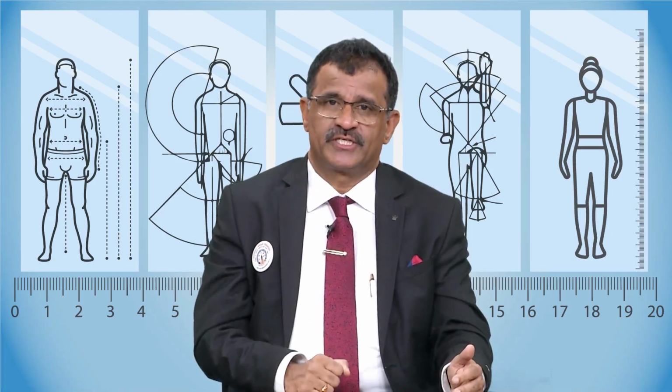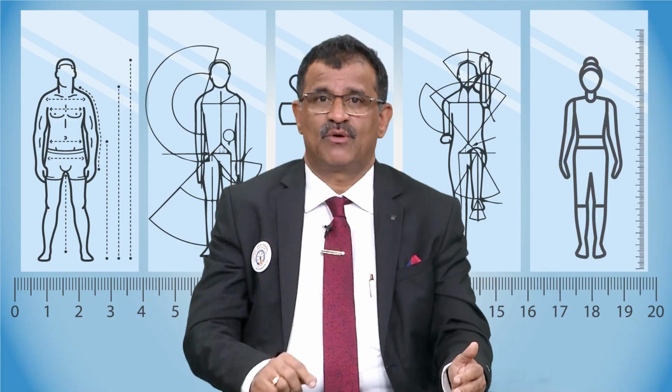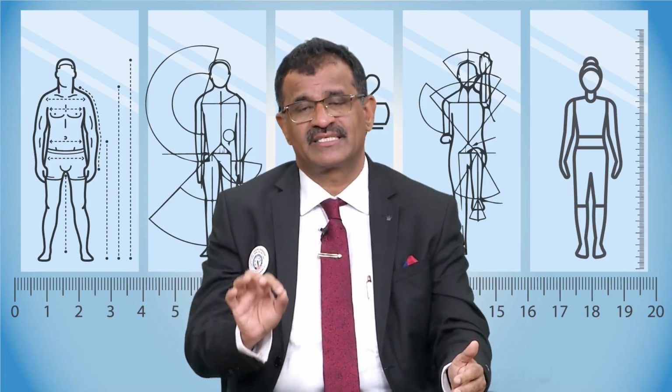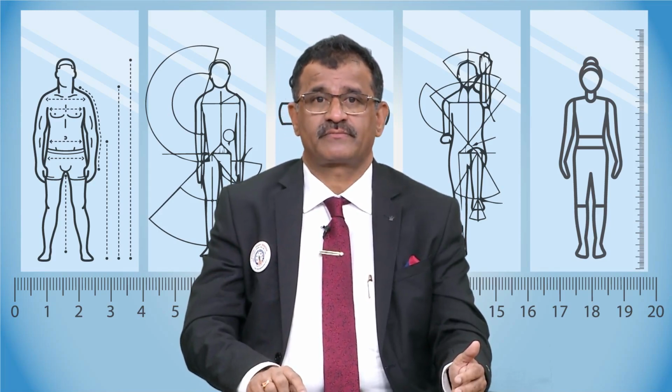Here there is one picture, an image, where you can see overweight and obesity related to body mass index. We are going to deal with body mass index now, how the body mass index is measured through anthropometry.